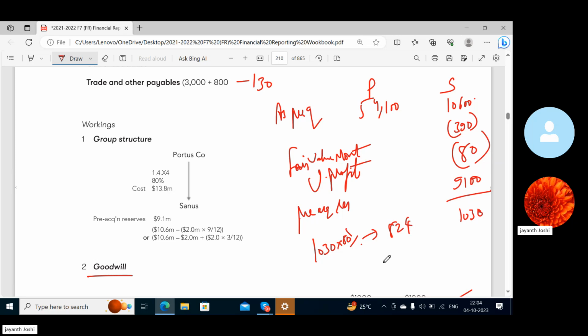And there was an impairment loss also. See, when profits are enjoyed, the losses should also be borne. So we see, impairment loss we only adjusted for goodwill, but we did not do any adjustment to retained earnings till now.